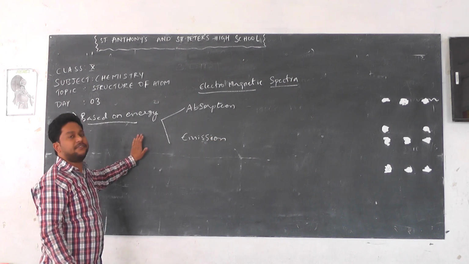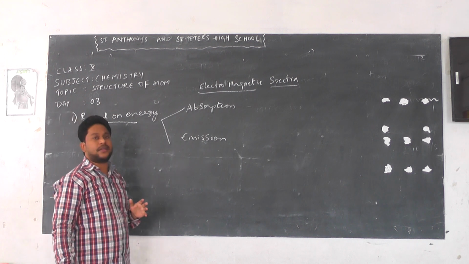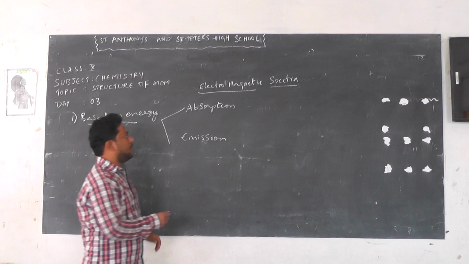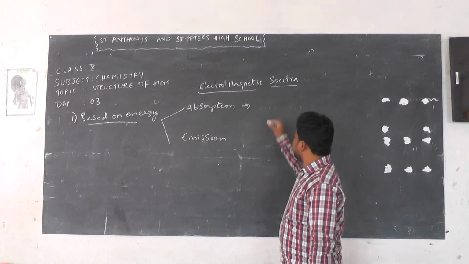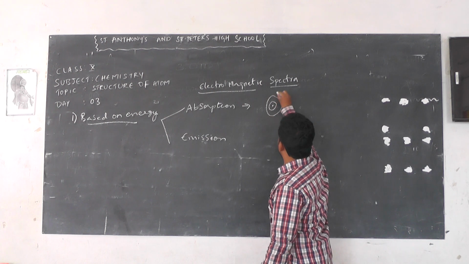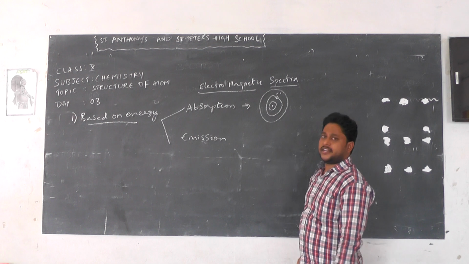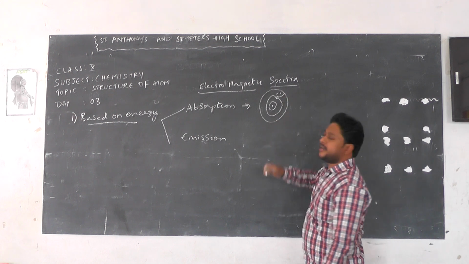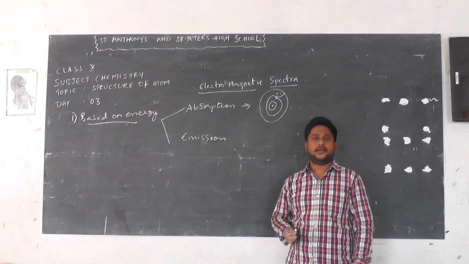Based on energy, we have absorption spectra and emission spectra. Now, absorption spectra. When electron gains energy, it jumps from the lower energy level to the higher energy level. Electron gains energy and jumps from lower energy level to the higher energy level. That is absorption spectra, right?